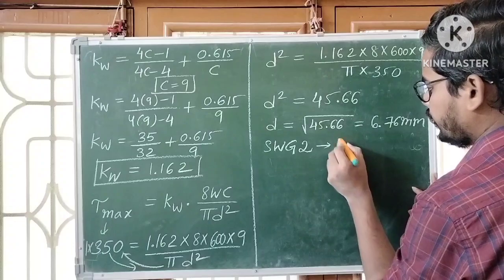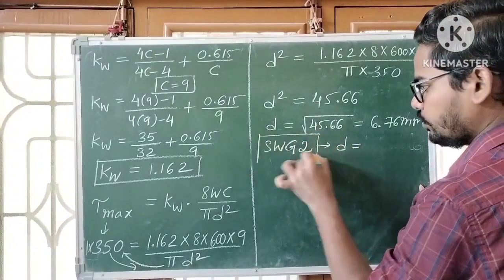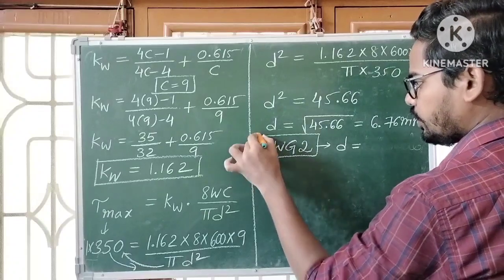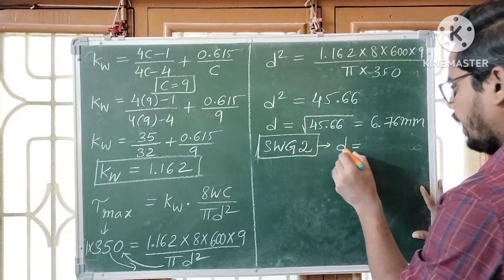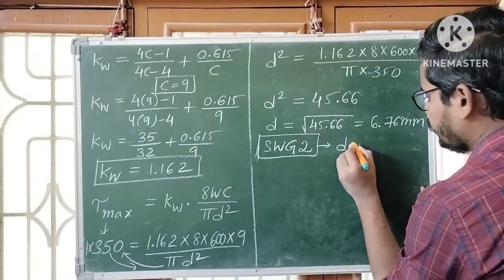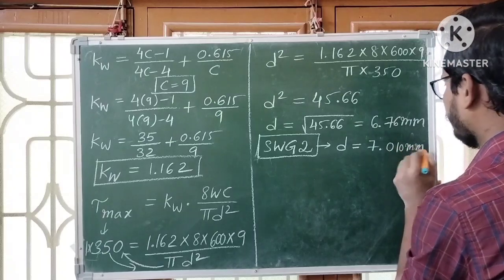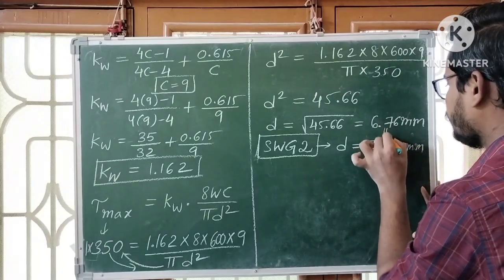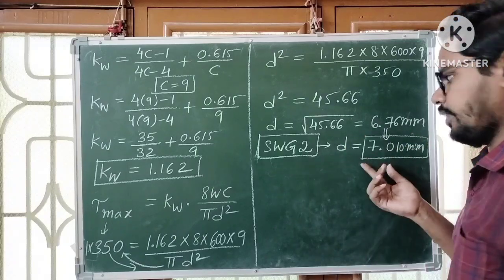So its diameter will be d is equal to standard wire diameter SWG2, which is 7.010 mm. This value is closer to 6.76 mm, so we have to select this wire diameter.